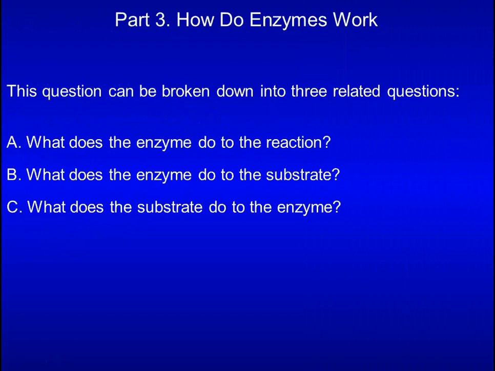How do enzymes work? This question can be broken down to 3 related questions. What does the enzyme do to the reaction? What does the enzyme do to the substrate? And what does the substrate do to the enzyme?